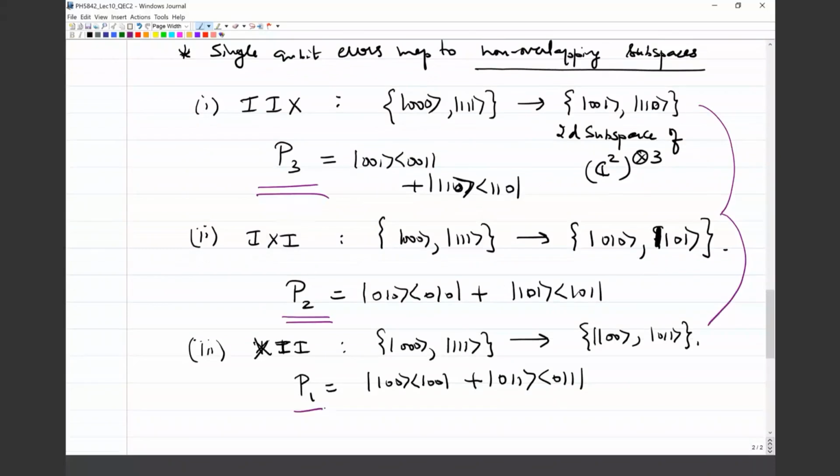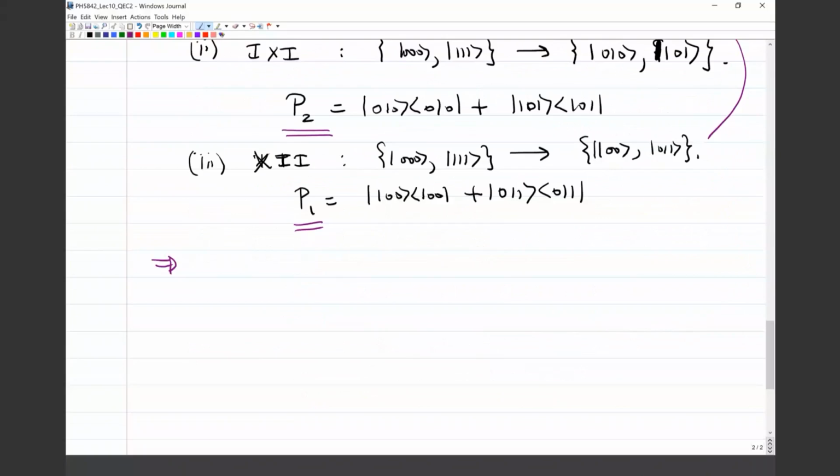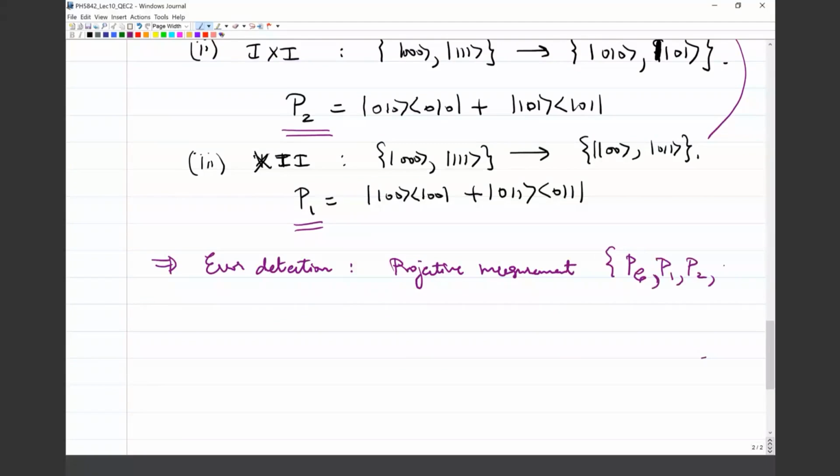So effectively, the error detection happens via a projective measurement comprising of these four projectors. One is the projector on the code space itself. That is to account for the no error case. And then you have P1, P2, and P3.